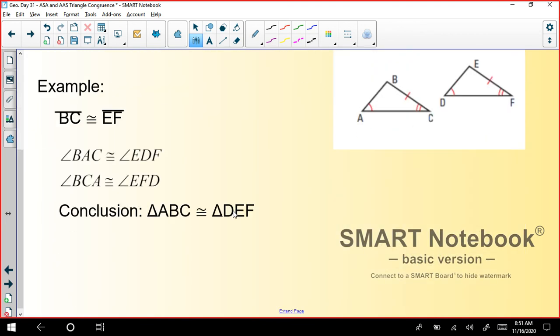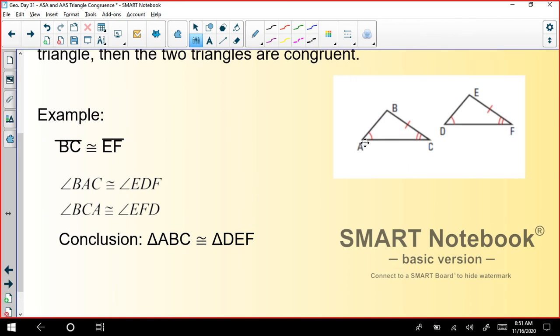What does that mean? So for example, I have here two angles, angle A and angle D, congruent, angle C is congruent to angle F, and the included side was AC and DF. We don't have to have the included side, but the non-included side, that is either BC or AB, either ED or EF, any one of them is congruent, then we can say both the triangles are congruent by AAS, triangle congruency postulate.